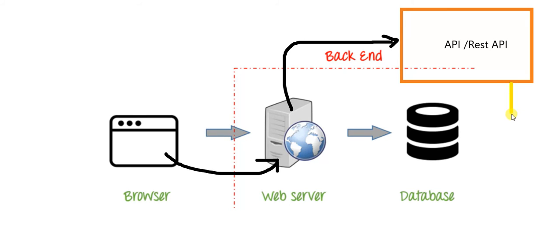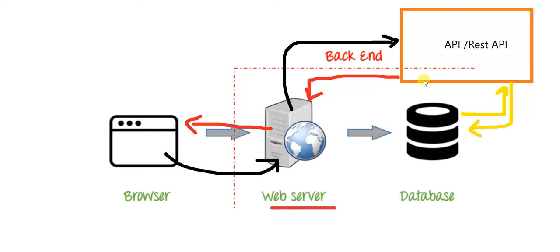So now the API will go to the database, get the data, and the database will respond back to the API, and from the API it will be responded to the server, and from the server to you.